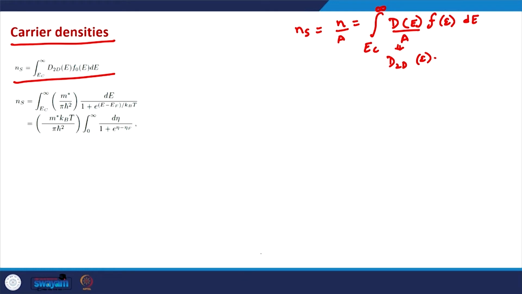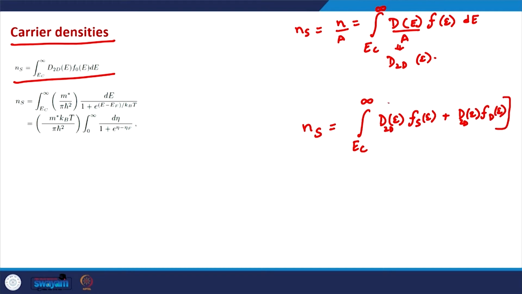In a two terminal device, and also in a MOSFET, the charge carrier density will be given by this parameter, F_S plus F_D, times D_2D(E), times 1 by 2 dE.